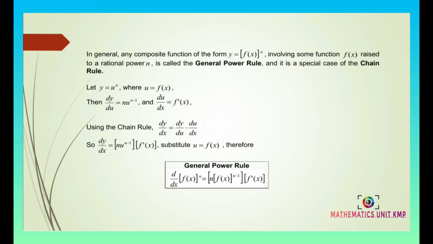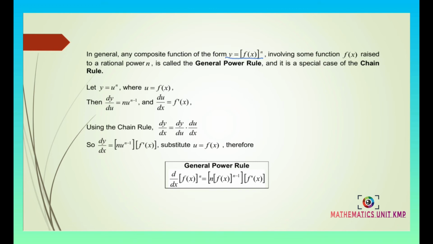In general, any composite function of the form y equals f(x) to the power n, involving some function f(x) raised to a rational power n, is called the general power rule, and it is a special case of the chain rule. Now, we see y equals f(x) power n, then we let y equal u power n.